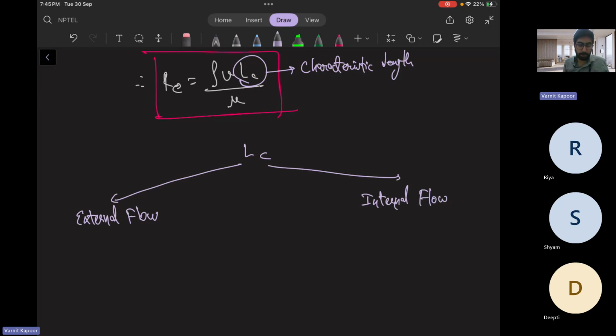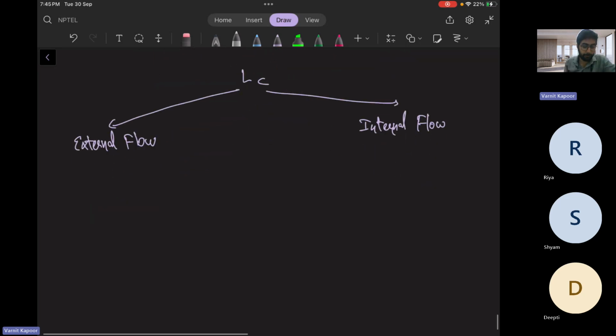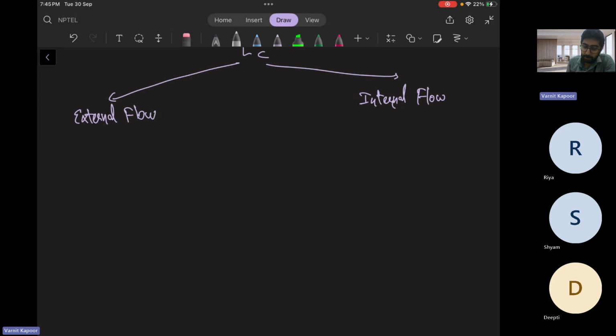How to get this characteristic length LC? So if my flow is external, suppose I have a plate like this, and my fluid is flowing over this, and it is coming with the velocity u infinity. Okay, so this is my displacement x.